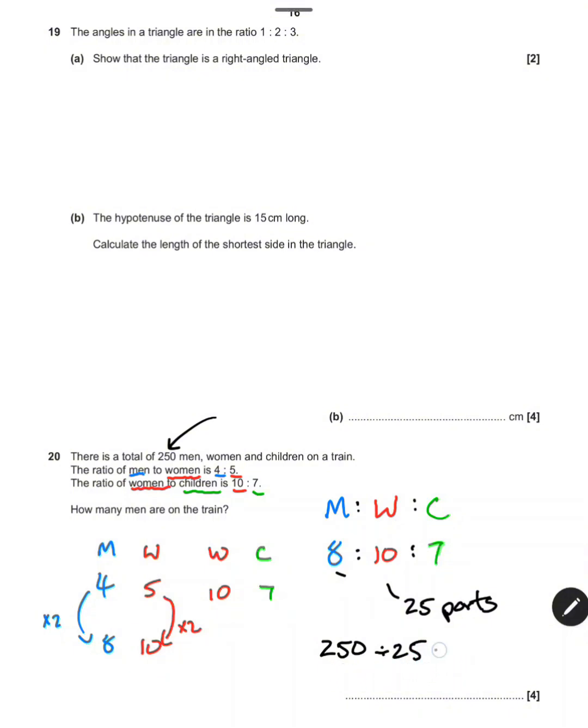And 250 divided by 25 is 10. 10 times 25 is 250. So each part is worth 10. We only want to know how many men are on the train. So there are 8 parts for men, and each part is worth 10. So we've got 80 men altogether.